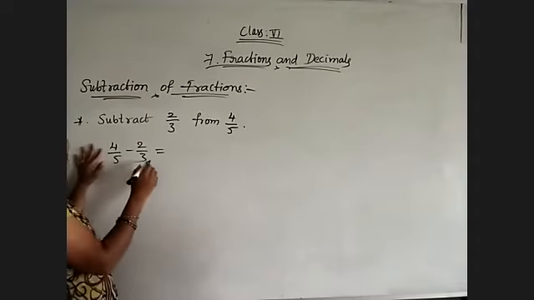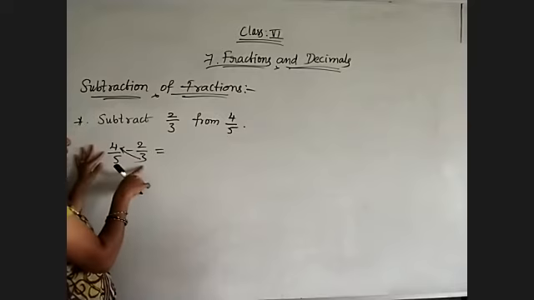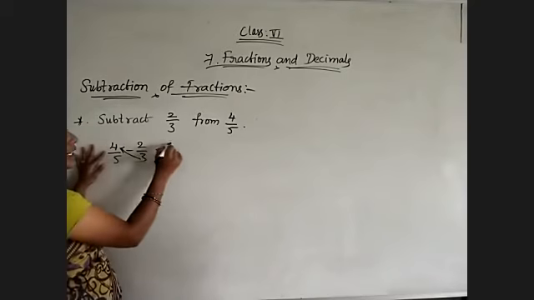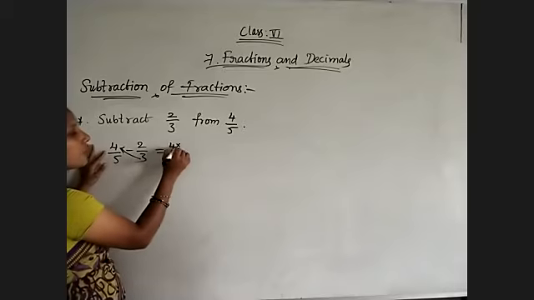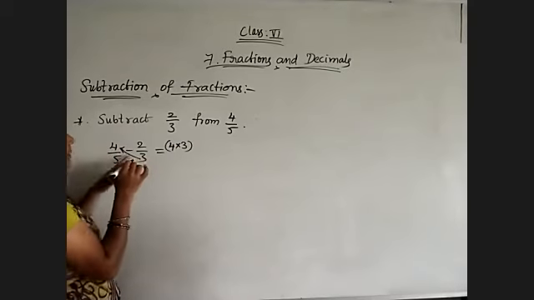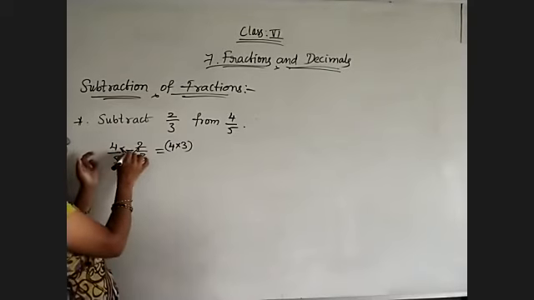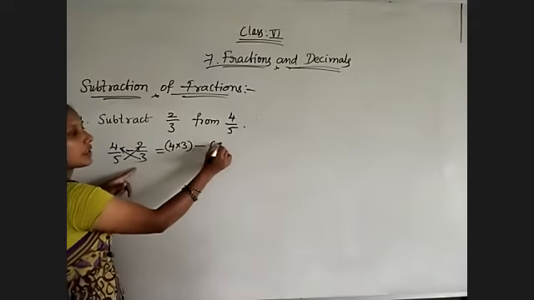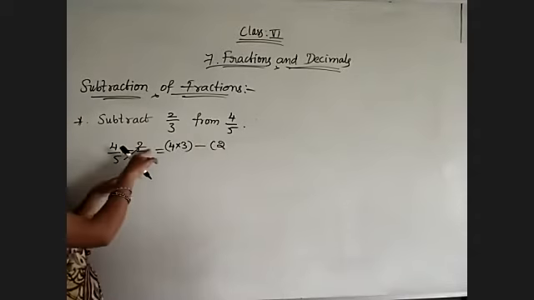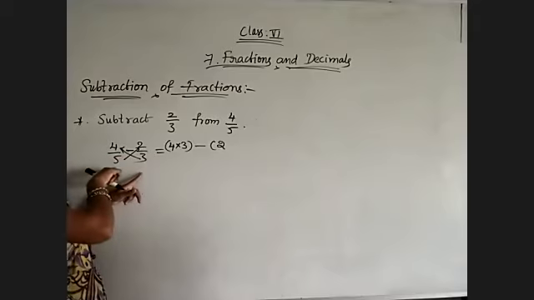In that what we are doing, first multiply this 3 for the 4, the numerator of the first fraction. For that we need to multiply with the 3. So 4 into 3. And between those two fractions we have the subtraction, minus the numerator of the second fraction, which is 2, and the denominator of the first fraction, which is 5.